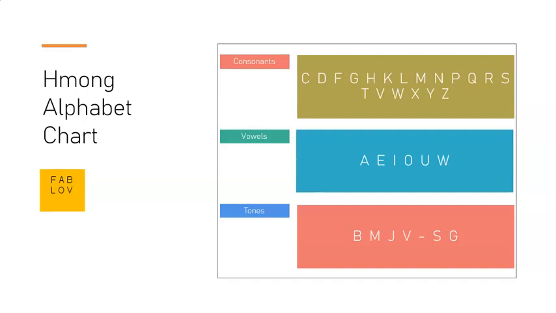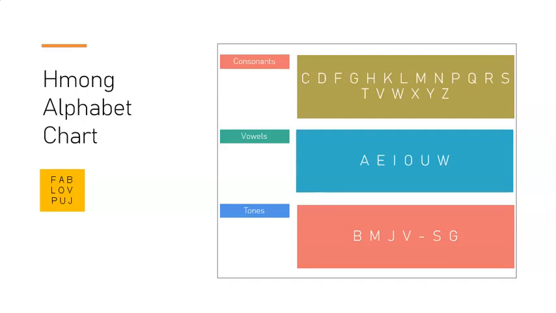Let's go back to our P real quick, B, and let's do an "ooh" vowel with an exclamation mark tone. The exclamation mark tone is a high falling tone. Like if you say "oh my God", or "wow", or "OMG", or any of those exclamation mark words, it will be a high falling exclamation.